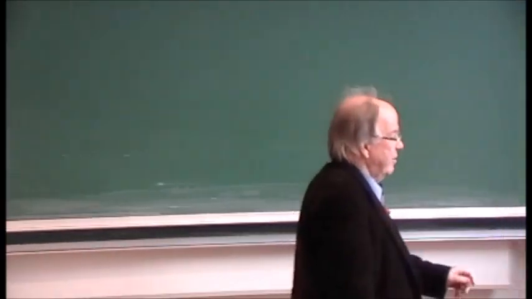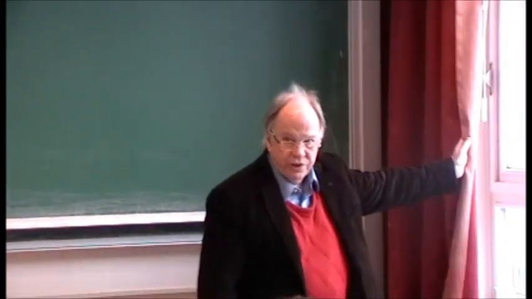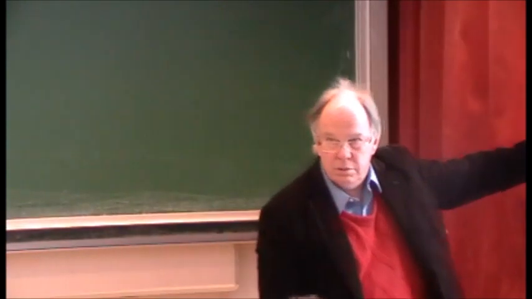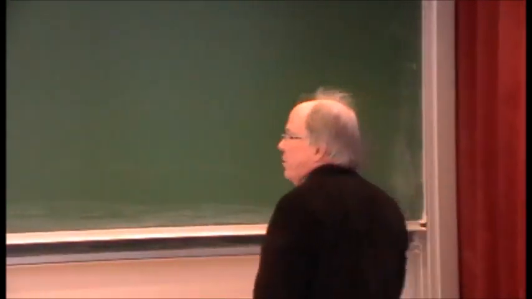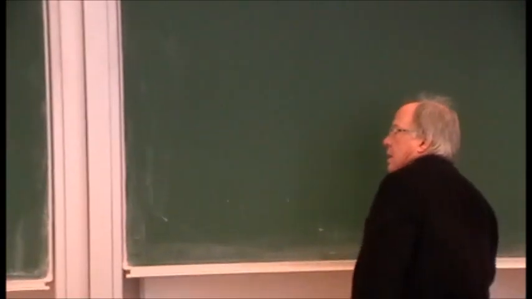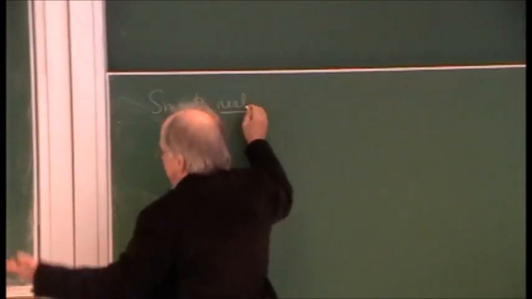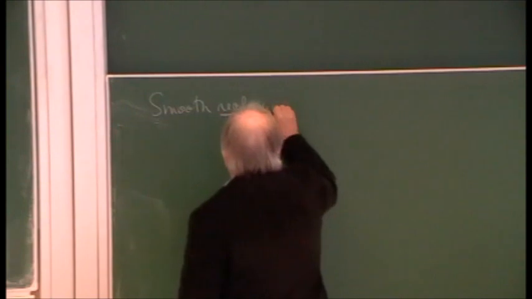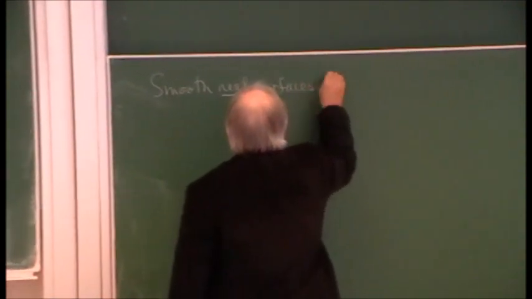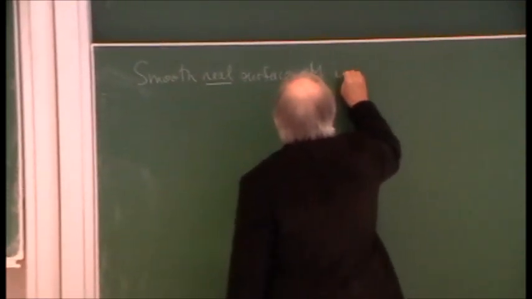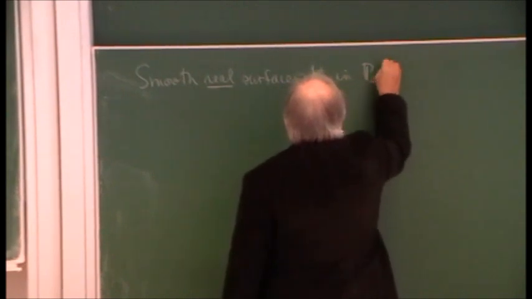The second thing I want to remark on is the question of Mihai yesterday about real submanifolds. His question is about smooth, real, let's emphasize, so not complex, surfaces, say M, in P2.